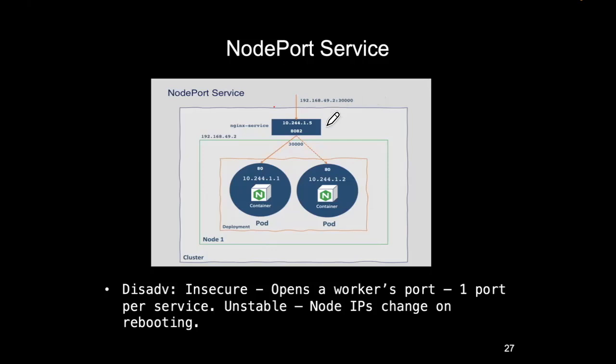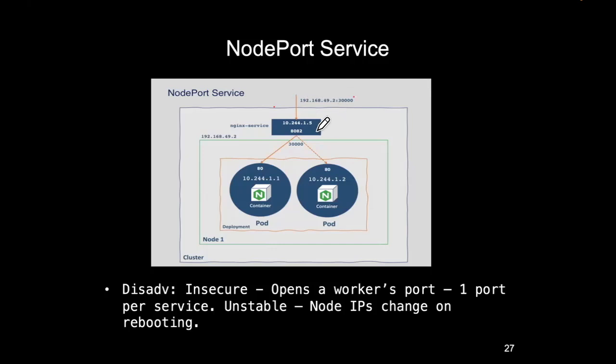And so these node port services would allow us to access a service within our cluster externally, by using the IP address of any one of the worker nodes and the particular node port number that was specified for our particular service.